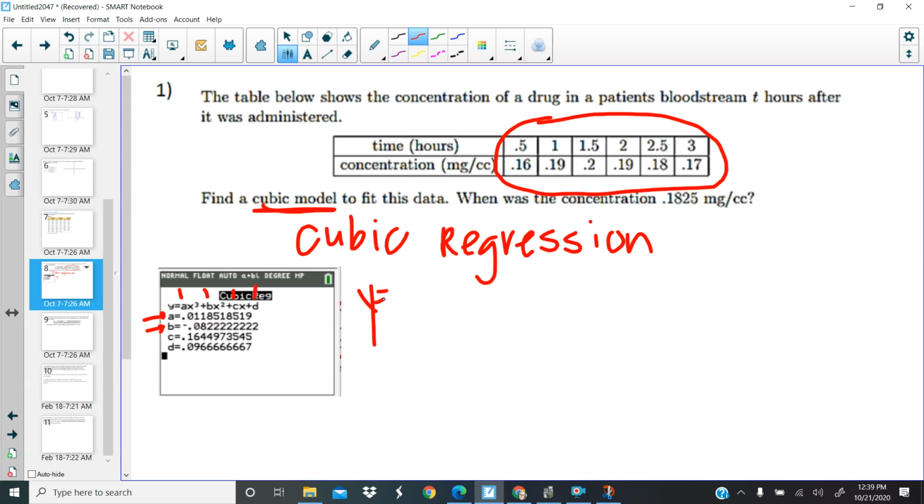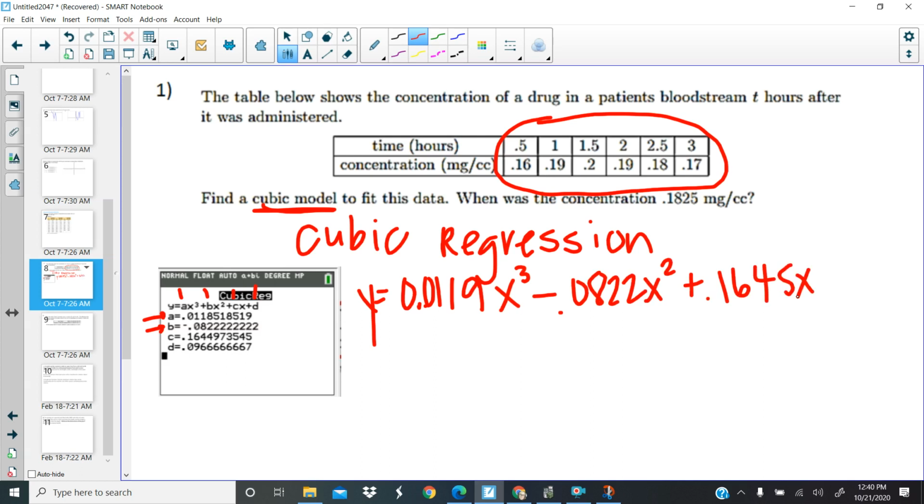So I would have y equals 0.0119x cubed, minus 0.0822x squared, plus 0.1645x, and then plus 0.0967. And that would be my regression equation. So that's what you're going to use for the equation.